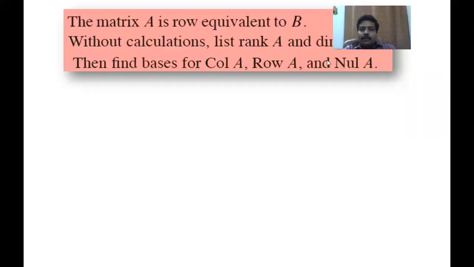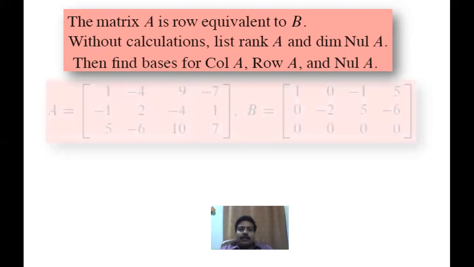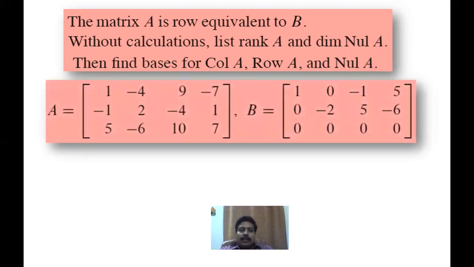So let us do some of the problems related to rank theorem, and this is the first one. The matrix A is row equivalent to B. Without calculations, list rank A and dimension of null A, then find basis for column space A, row space A, and null space.